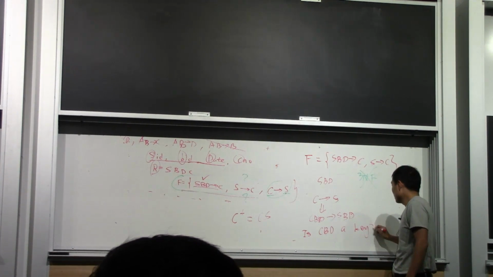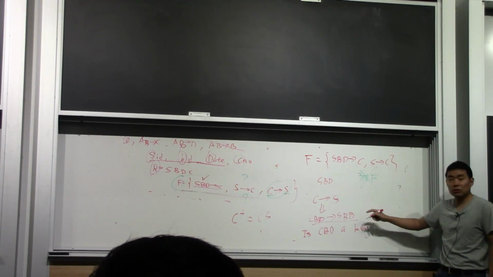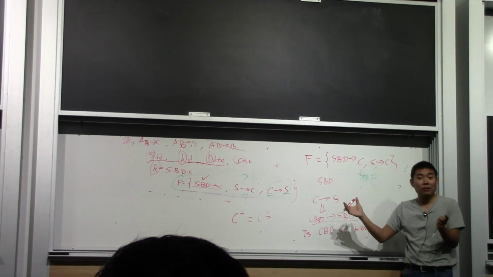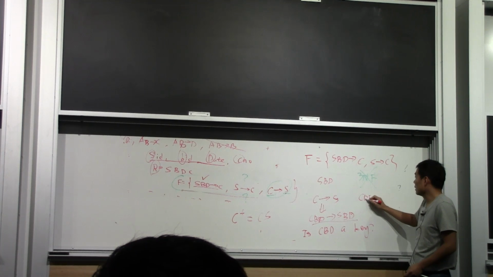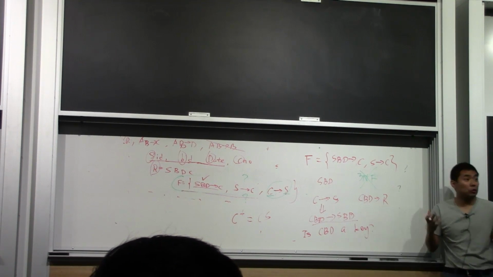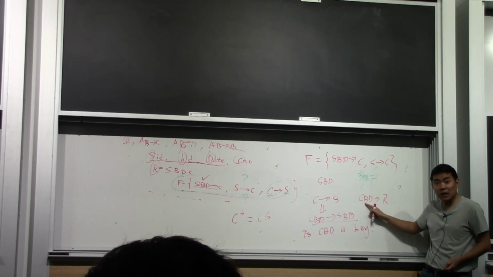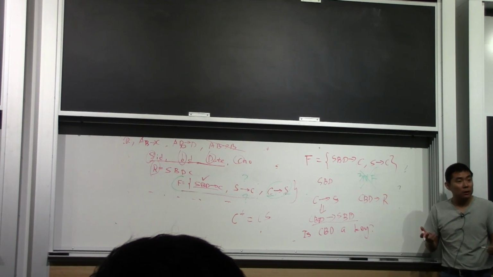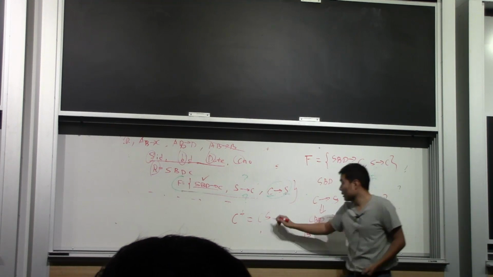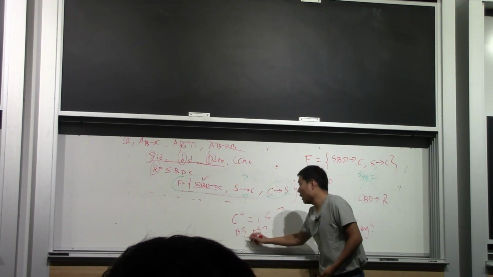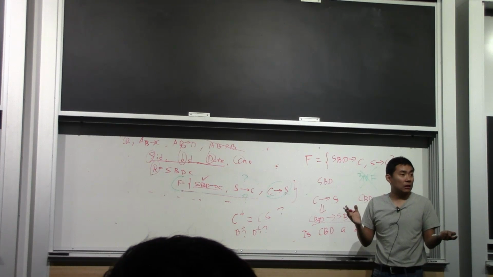So to ensure, is CBD a key? First of all, by this fact, you know CBD at least is a super key, because it determines the key, which determines everything else. So CBD determines the schema. To check whether it is a key, all you need to check is any subset of it. Can they be a super key? It's C, B, D. None of these is able to determine everything else.